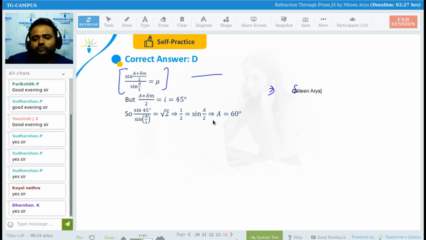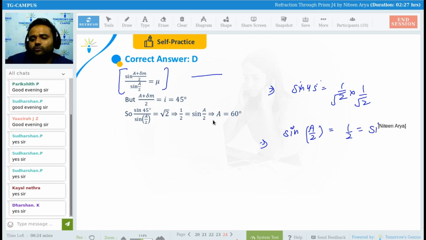Now we know sin 45 degree is 1 by root 2, so sin A by 2 is half, equal to sin 30 degree. Then A by 2 equals 30 degree, then A equals 60.